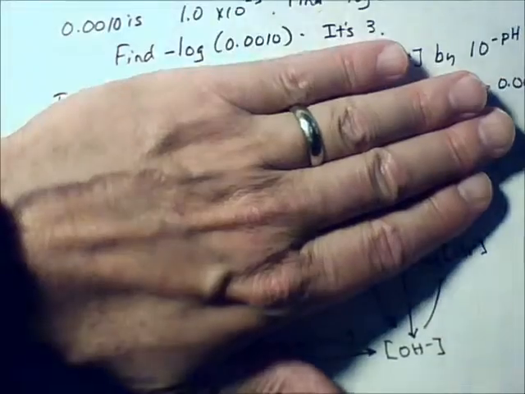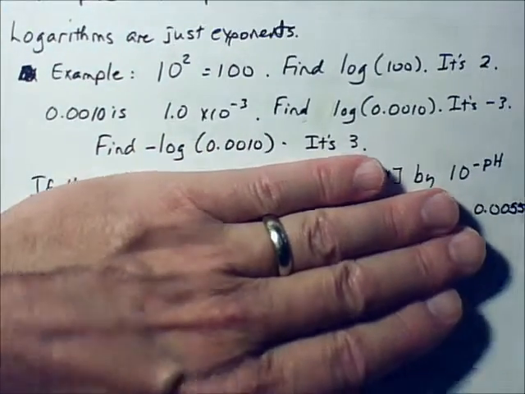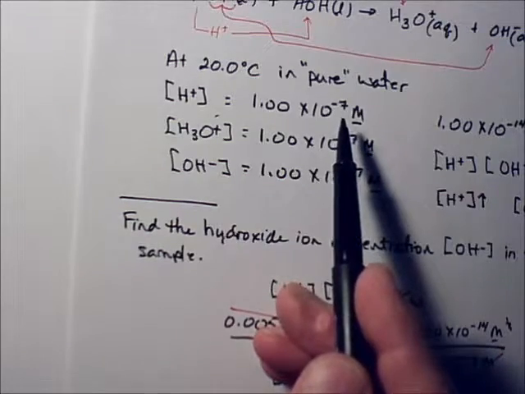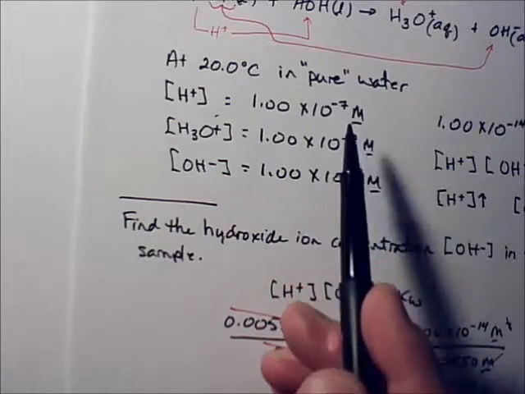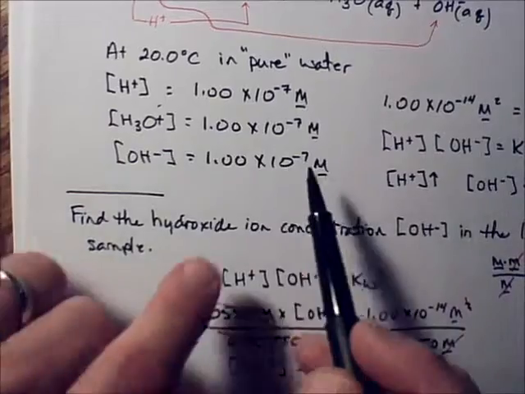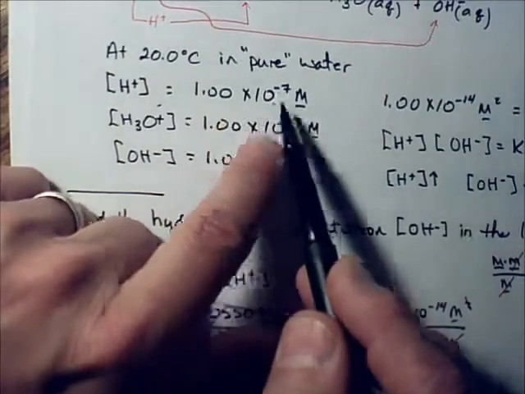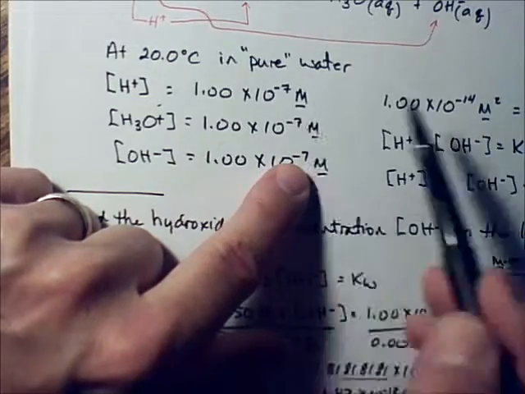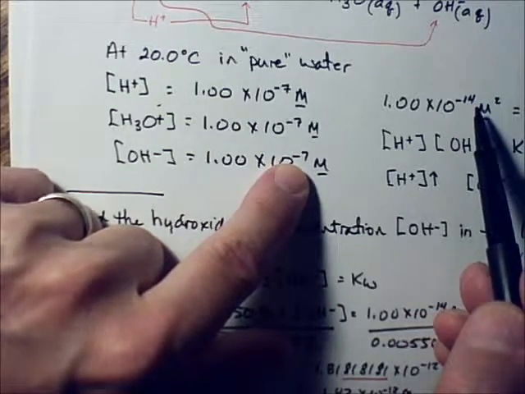Remember when we did all that stuff up here? 7, because it's 10 to the negative 7. If I multiply this times this to get 10 to the negative 14, what happens if I add these two exponents? I get 14.